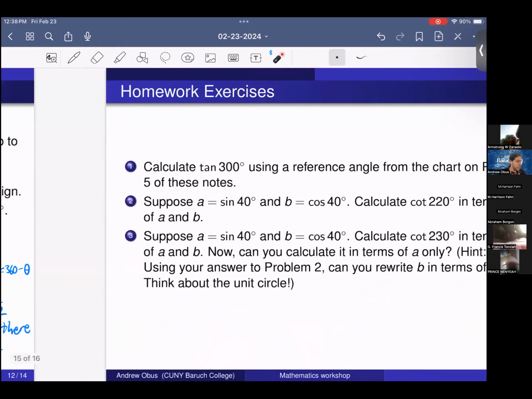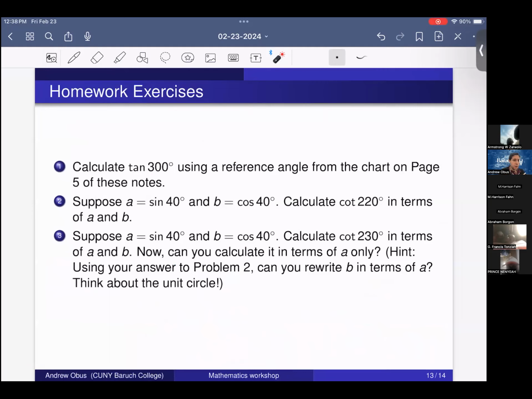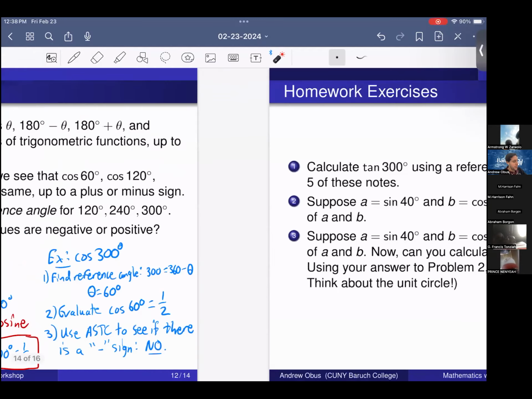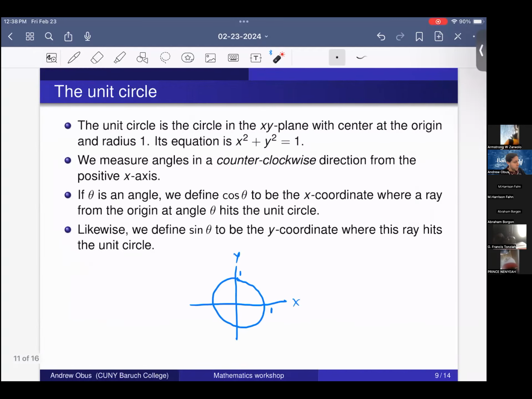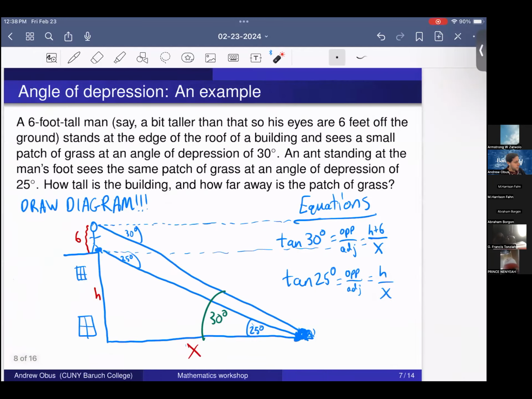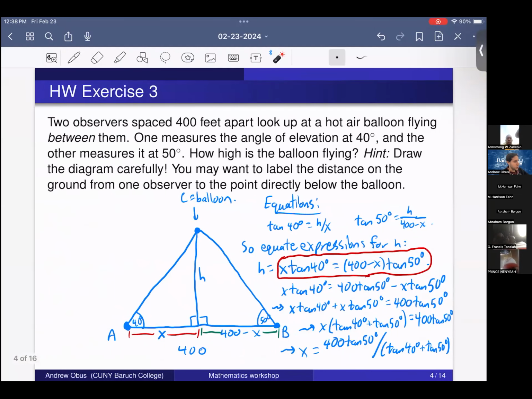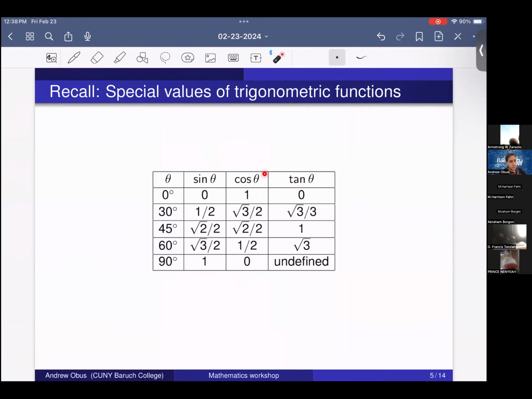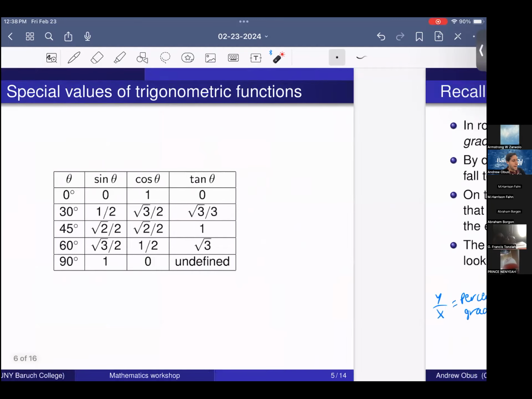All right. So if there's no questions, that's basically it for today. So the first homework exercise is straightforward, just to calculate tangent of 300 degrees using a reference angle, from the chart on page 5. Remember, page 5 is just this chart over here, right? So you can use this if you want to.